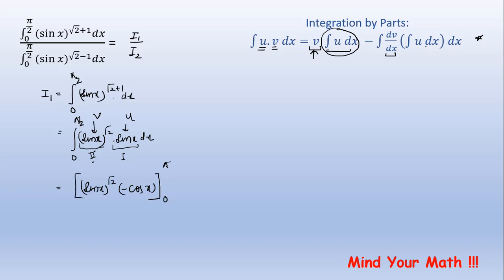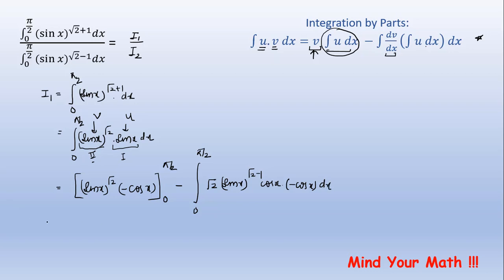0 to pi by 2, minus the integral from 0 to pi by 2 of the derivative of sin x raised to root 2, which is root 2 sin x raised to root 2 minus 1 into cos x, and the integral of u dx, which is what we are using, is minus cos x dx.